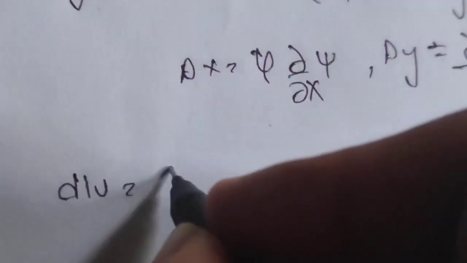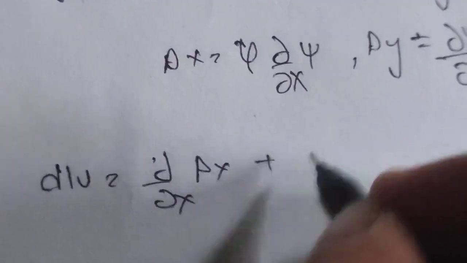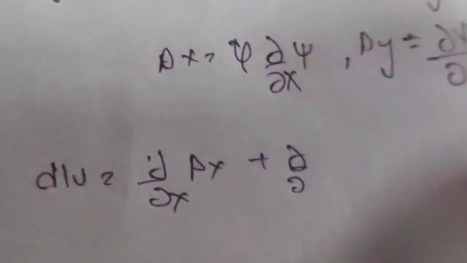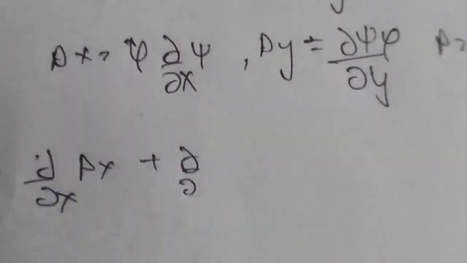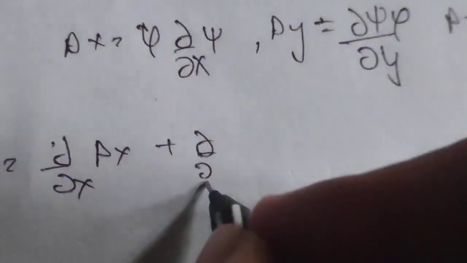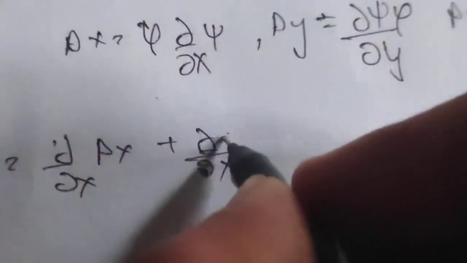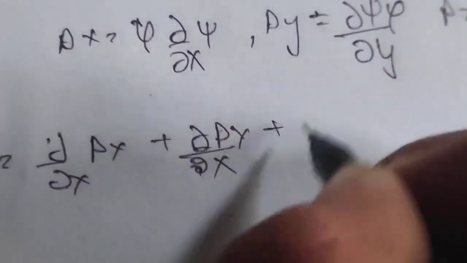What is the divergence? We already talked about it: it is del by del x of A x plus del by del y of A y plus del by del z of A z. Divergence is the whole partial differentiation in three dimensions at the same time, in all directions, which we talked about in previous classes.